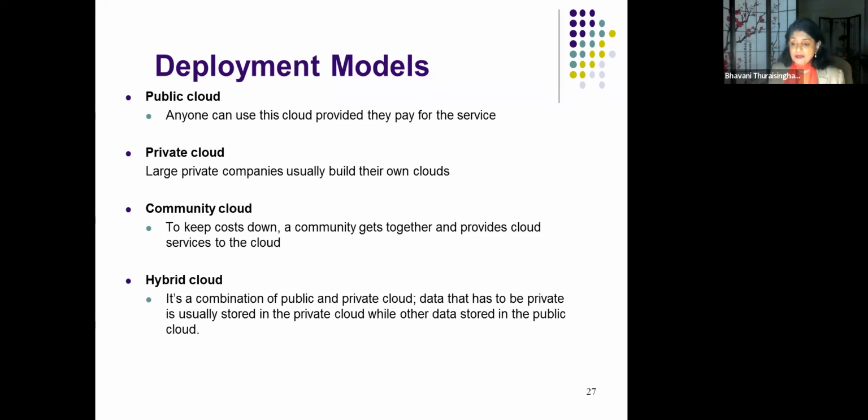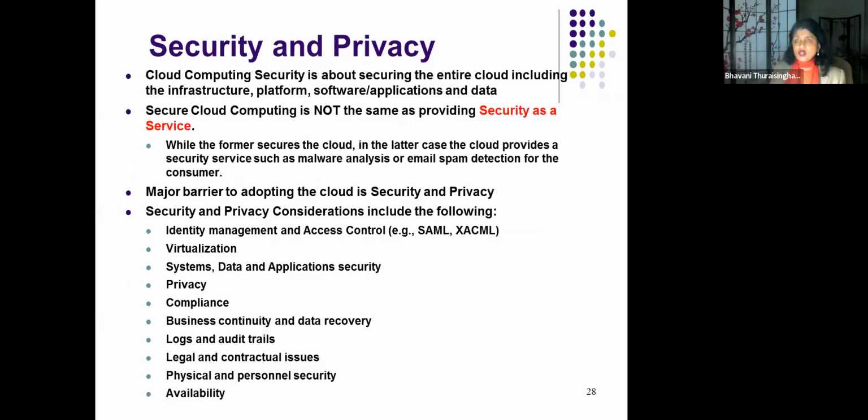Data that has to be private is usually stored in the private cloud, right? Extremely sensitive data, financial, healthcare data, and so on. Or in a company, say, social security numbers and such data. And other data like photographs, maybe they can store it in the public cloud, the Amazon cloud. That's a deployment model.